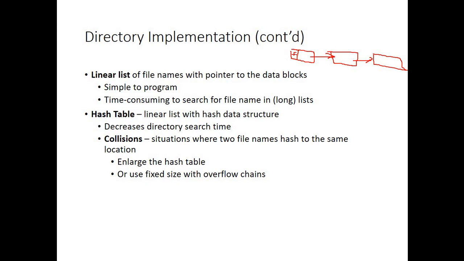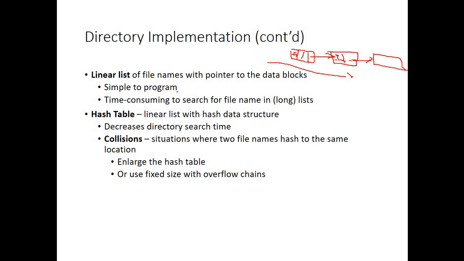For example, file 1 and its corresponding blocks are all maintained in this node. Similarly, file 2 and its corresponding block numbers are maintained in the next node. Like that, all the files in the directory are maintained in the form of a linear list of file names.